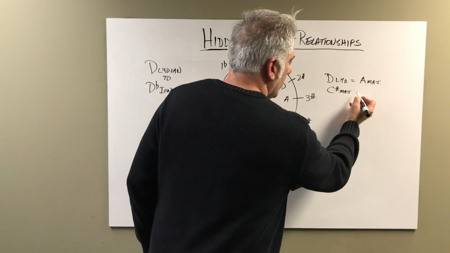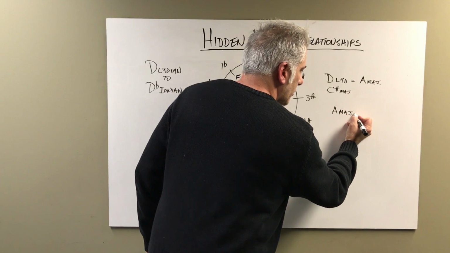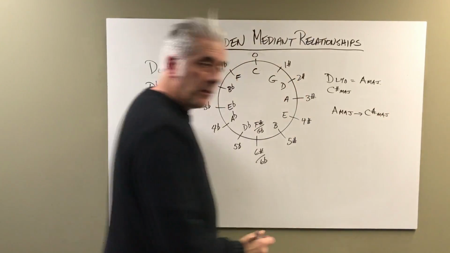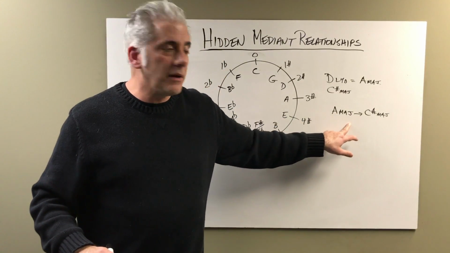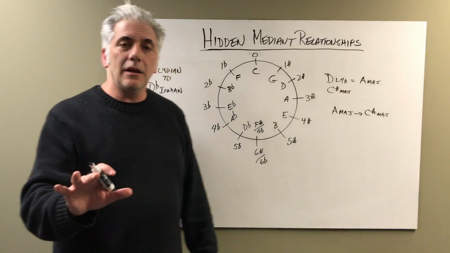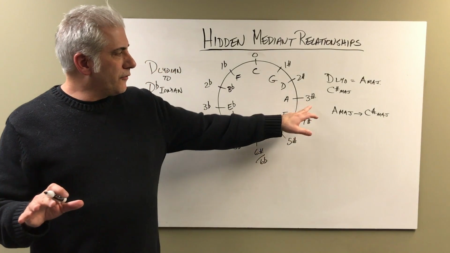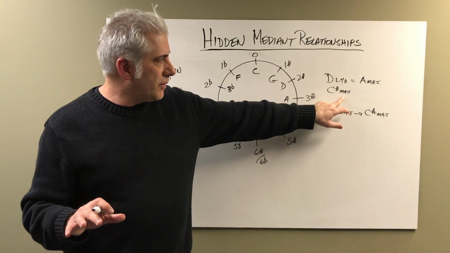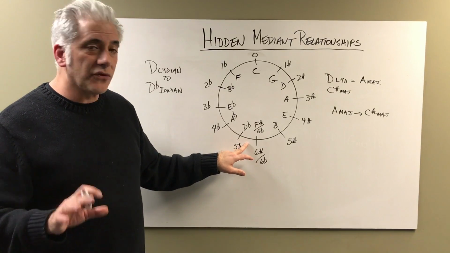Now this relationship from A major to C sharp major is a chromatic mediant relationship, okay? It's a third related modulation, but it's related by its parent scale. You're going from 3 sharps in this D Lydian to C sharp major, we'll call it D flat major, to 5 flats, or 7 sharps.